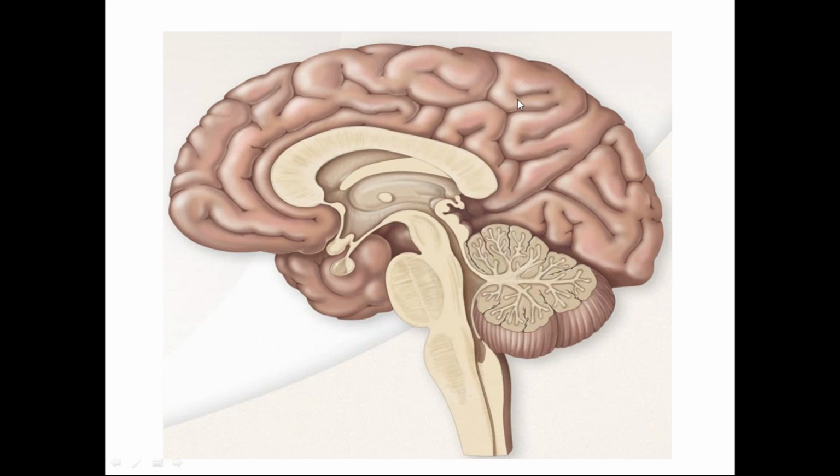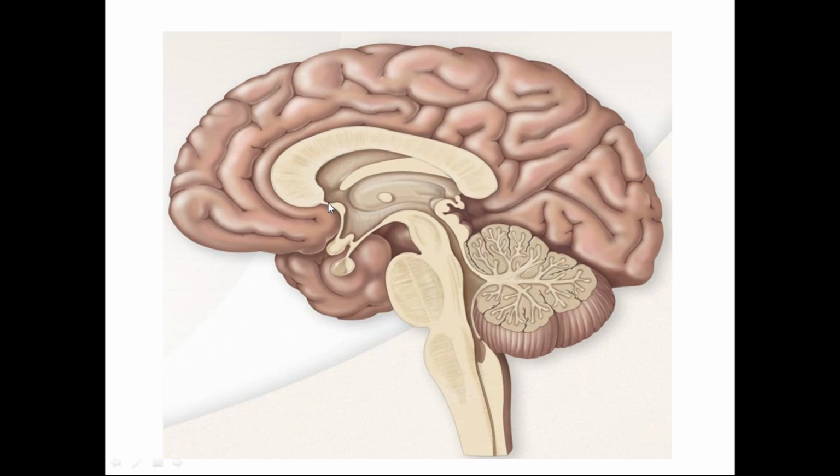Look at the cerebral cortex. As my cursor goes, what do you see? They are depressions and elevations. These are the sulci and gyri. Just at this part, there is a bundle of white matter which is called the corpus callosum. And if we come here, there is a small bundle again. This corpus callosum is made of commissural fibers, which are connecting the two sides of the cerebral hemispheres.